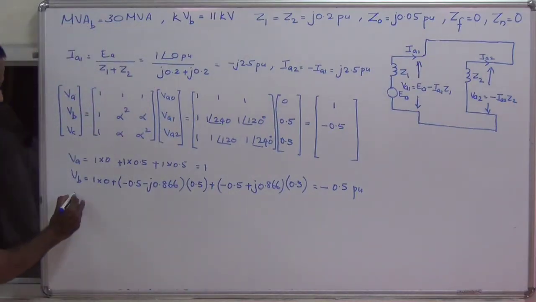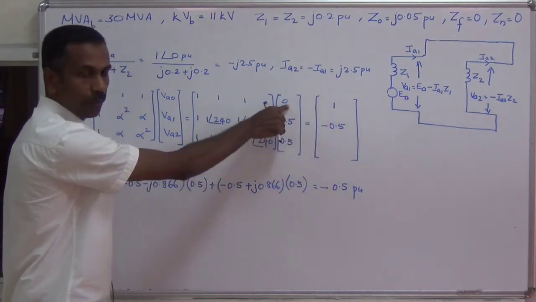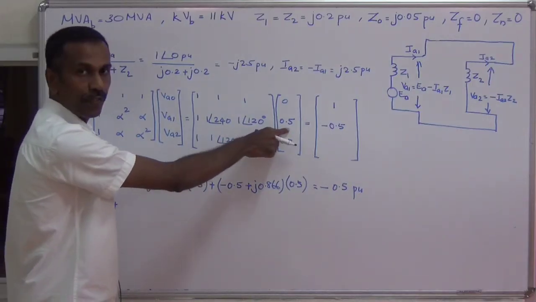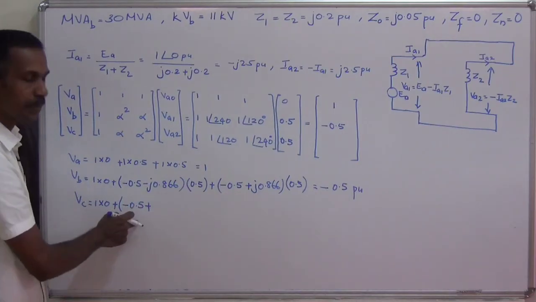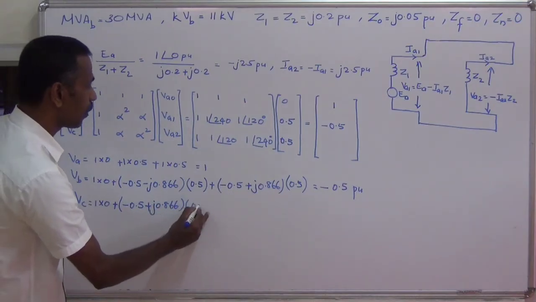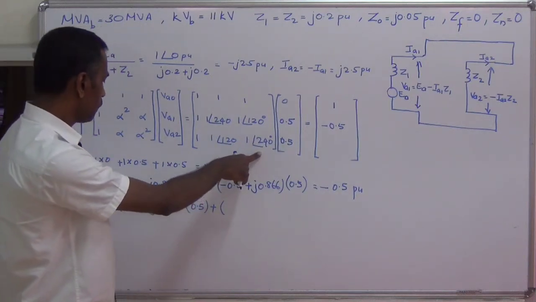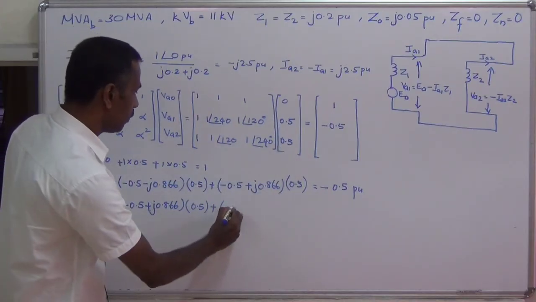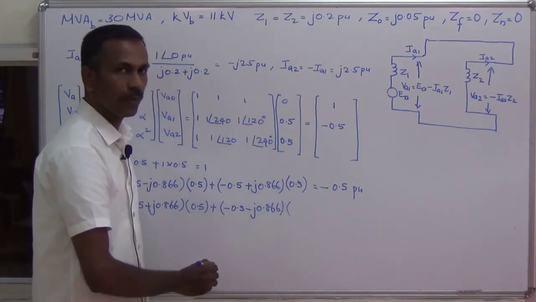Now let's find out VC. VC equals 1 into 0 plus 1 angle 120 into 0.5. 1 angle 120 equals minus 0.5 plus j 0.866, into 0.5, plus 1 angle 240 into 0.5, minus 0.5 minus j 0.866 into 0.5.